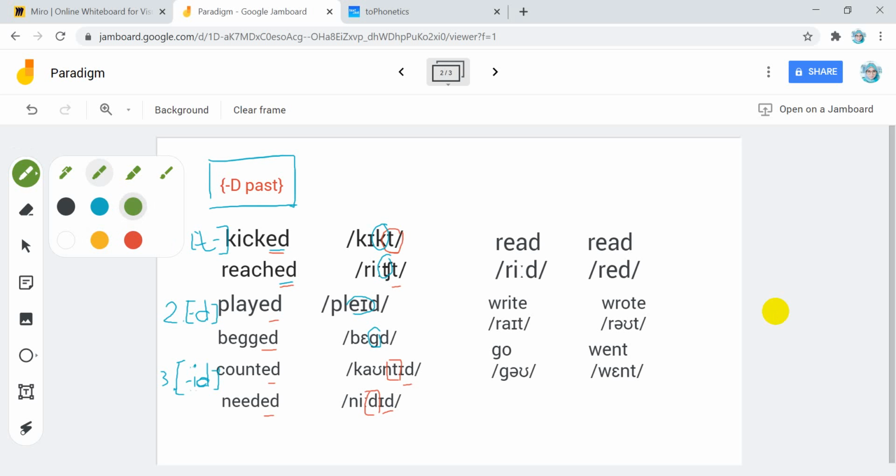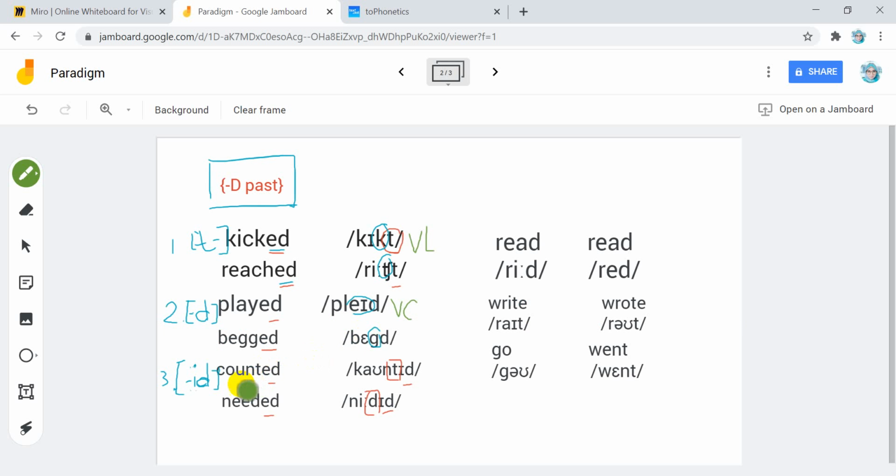So those are voiceless sounds. And if it ends with a voiced sound like a and g, it will be pronounced as the. Okay, as the here. Why? Because the last sounds are voiced.